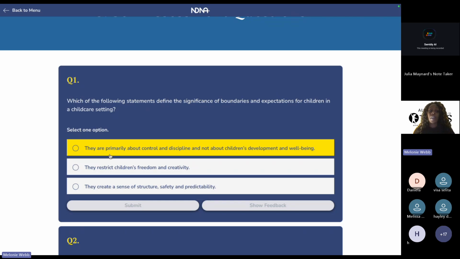So is it that they're primarily about control and discipline and not about their development? Is it that they restrict children's freedom and creativity? Is it that they create a sense of structure, safety, and predictability? 1, 2, or 3? Actually, to be fair, 3, thank you. You could also put it in the chat if you prefer.